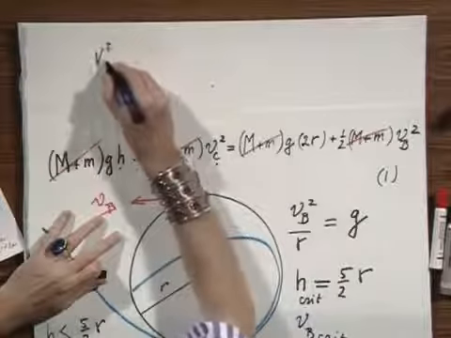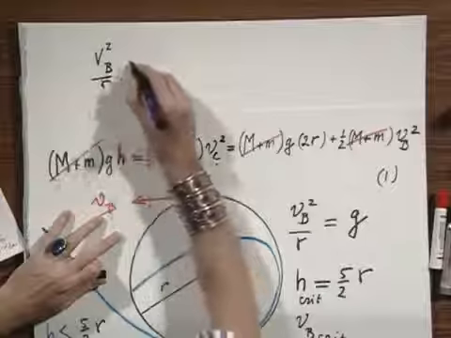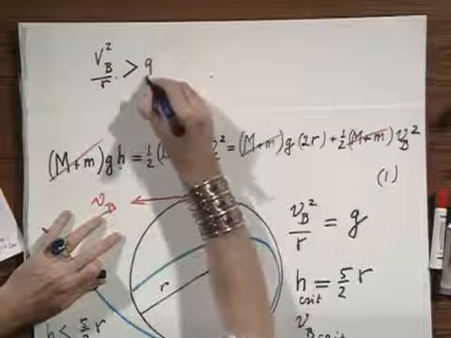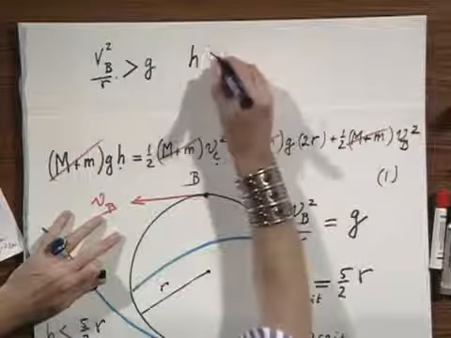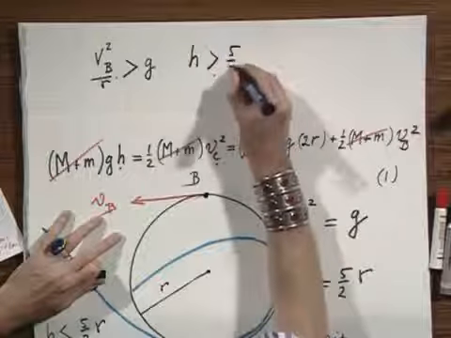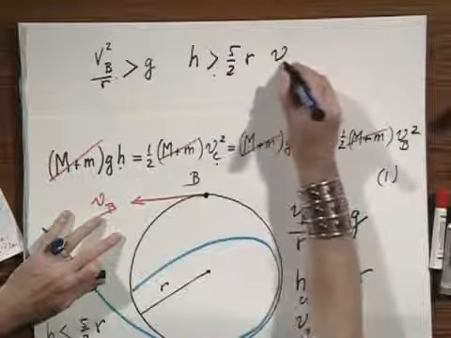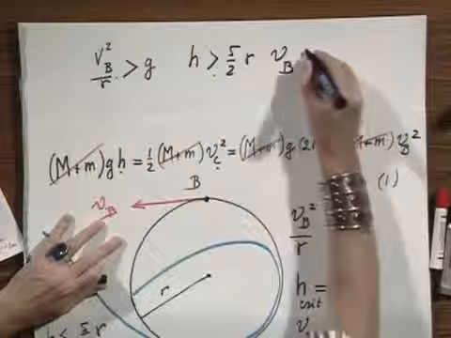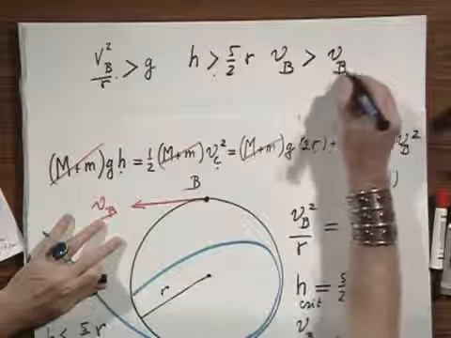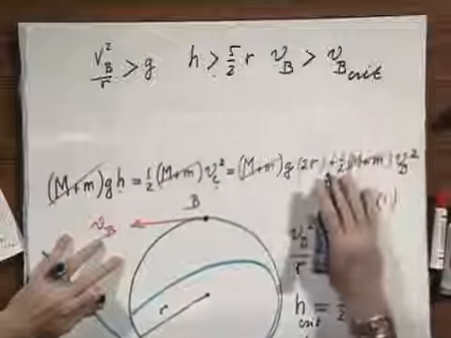So what now is necessary for you to reach that point B, apart from this special case that v squared over r is exactly g? If you want to play it a little bit more comfortable, then it's clear that v_B squared over r should be larger than g, and therefore h should be larger than 2.5 r, and therefore the tangential speed that you reach at point B will be larger than that critical speed which I just calculated.